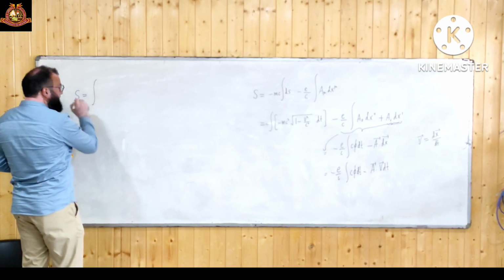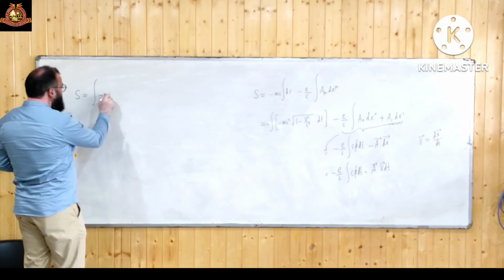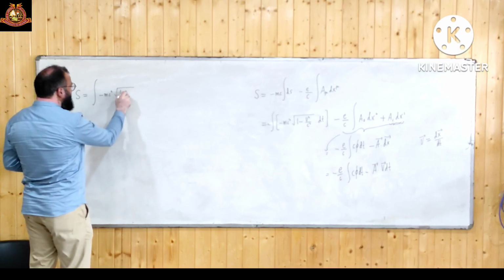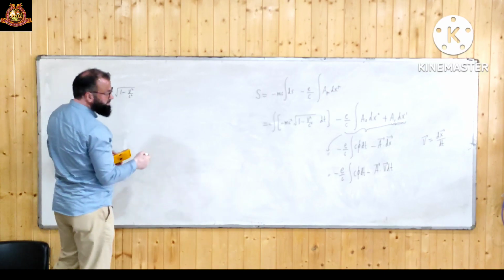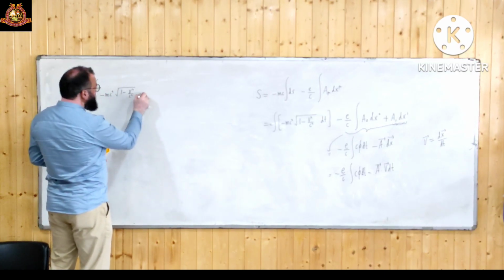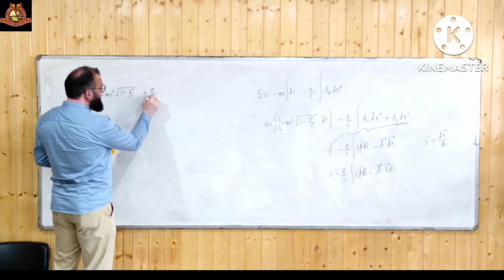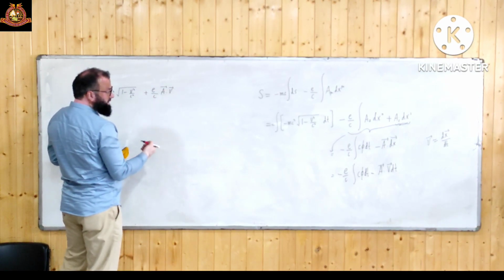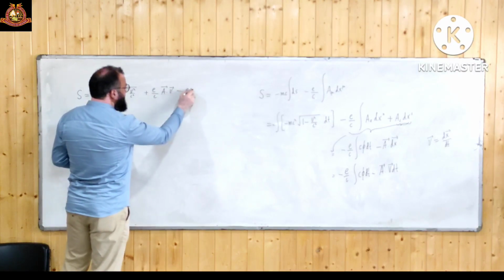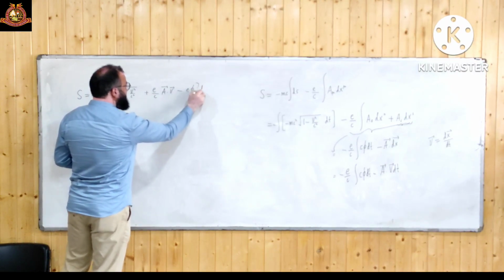So this I can write in this fashion. Minus mc square root of 1 minus v square by c square. Okay, then plus e by c, okay, A dot v or v dot A, then you have minus e phi, okay, dt.